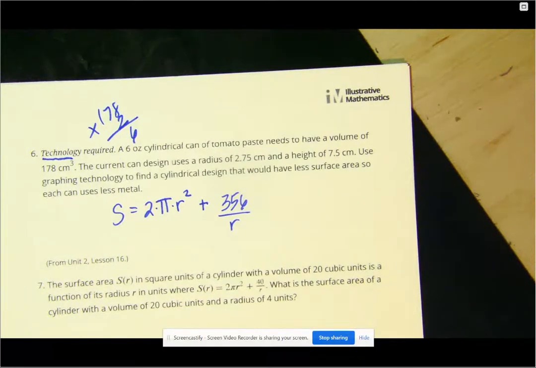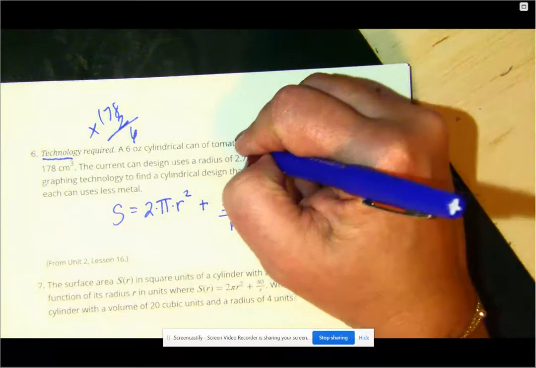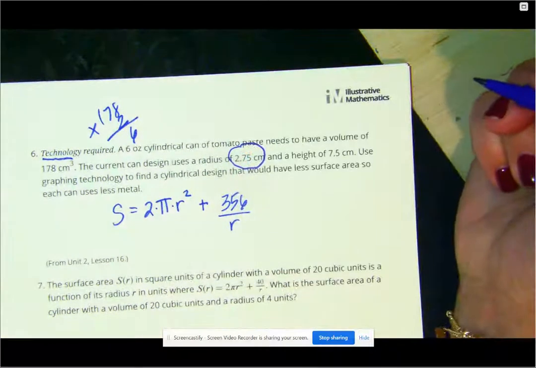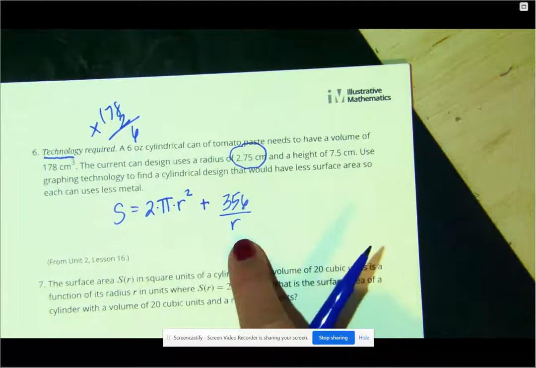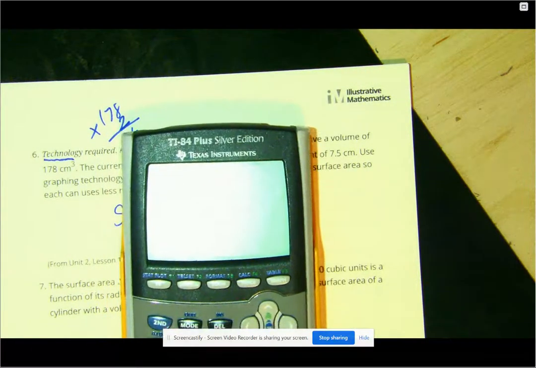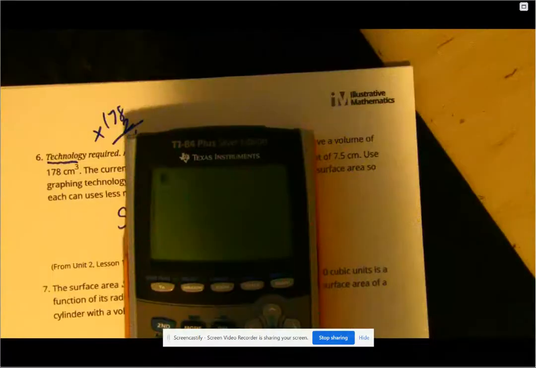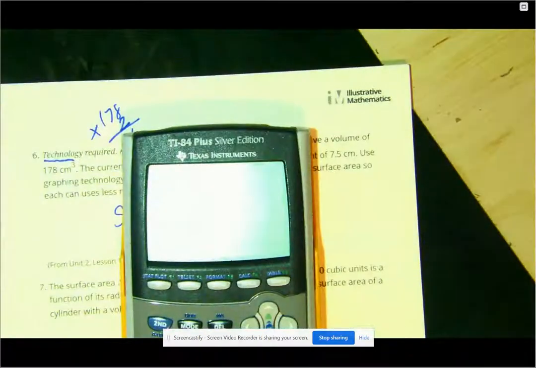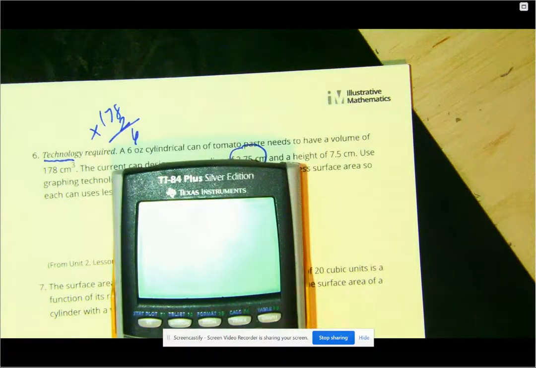So right now, let's figure out what the surface area is with this radius. So I'm just going to go to my calculator and I'm going to plug 2.75 right there. So I've got 2 times pi times 2.75 squared.